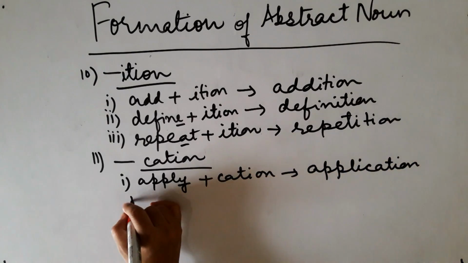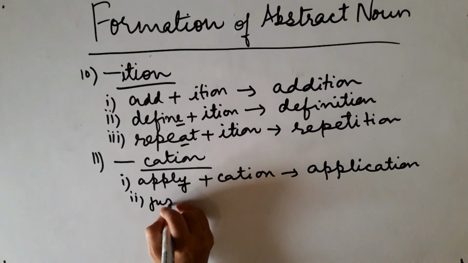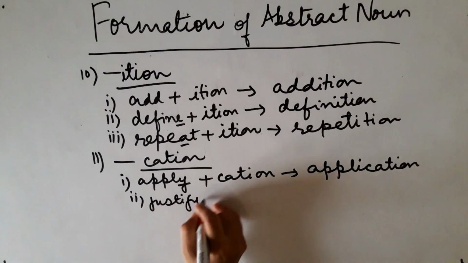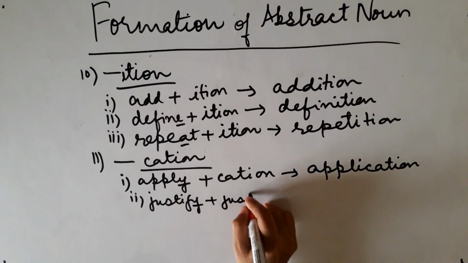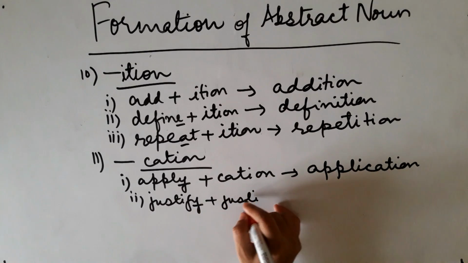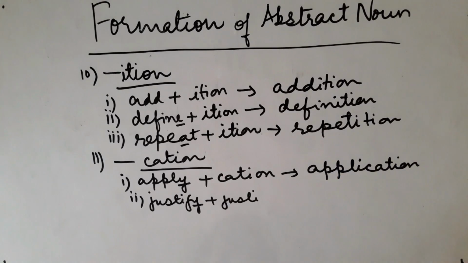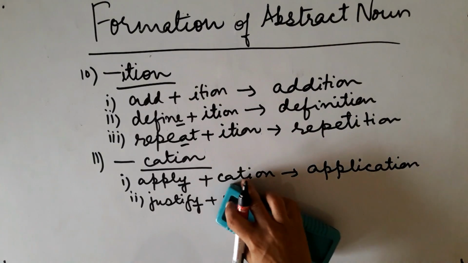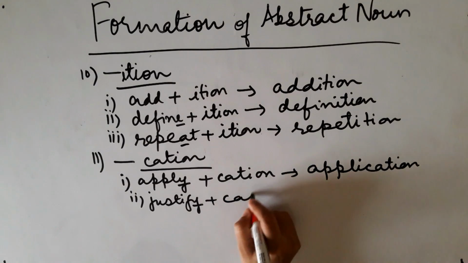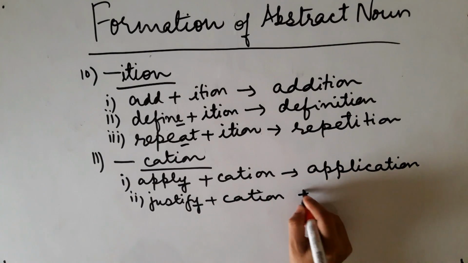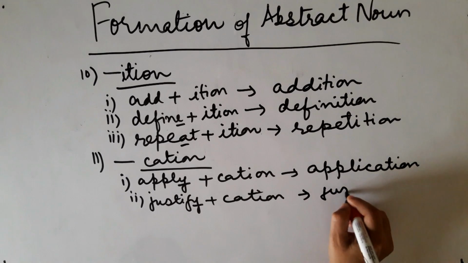We have another word like justify. So wherever we find y, it is replaced by i in most of the cases. We simply add cation and it becomes justification.